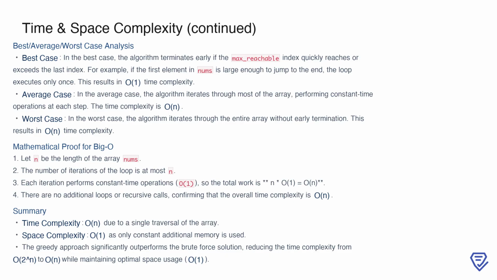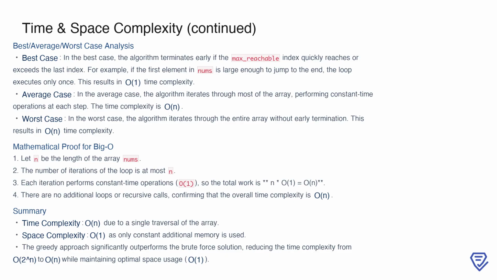The worst case occurs when the loop iterates through the entire array without early termination, which still results in an O(n) time complexity. To mathematically prove this, consider that the loop runs at most n iterations, and each iteration involves only O(1) operations. Therefore, the total work remains n multiplied by O(1), which simplifies to O(n).